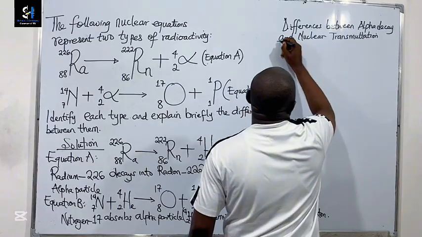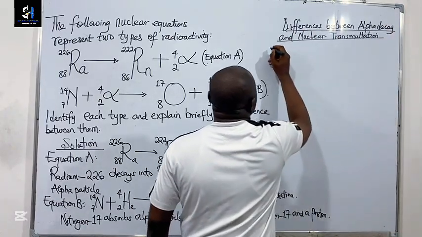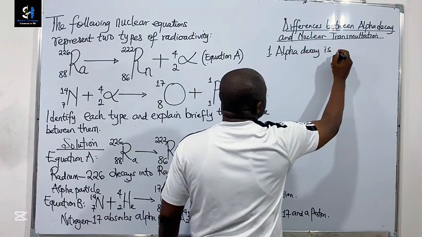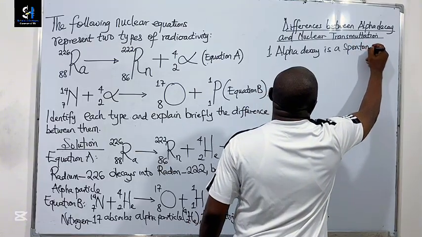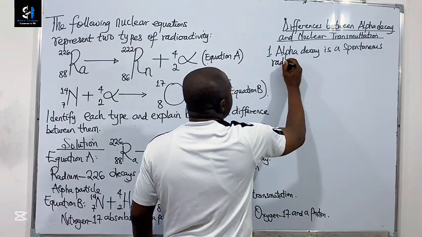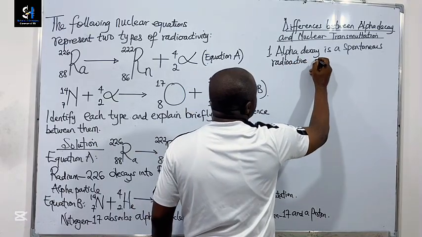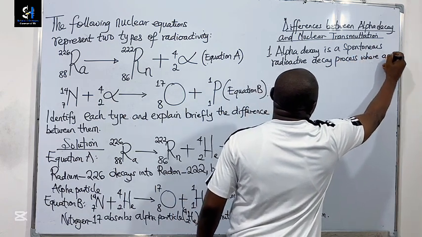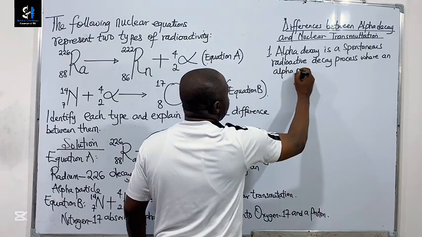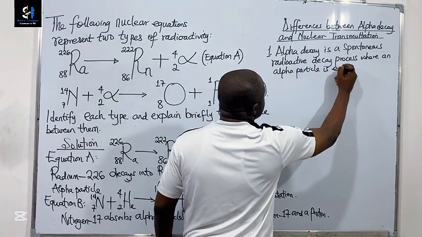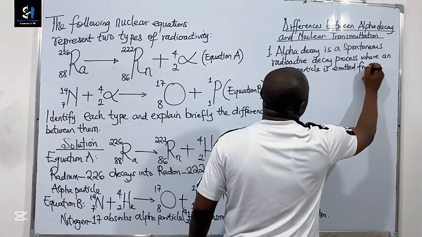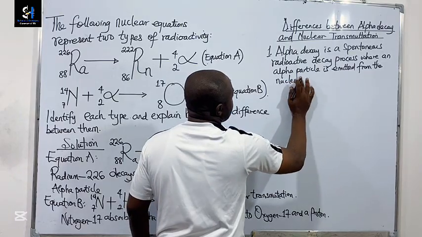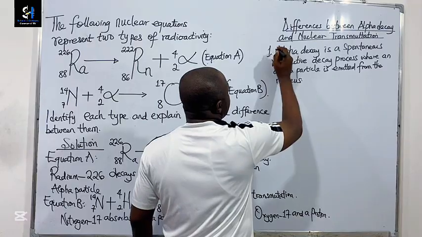Number 1: alpha decay is a spontaneous radioactive decay process where an alpha particle is emitted from the nucleus.